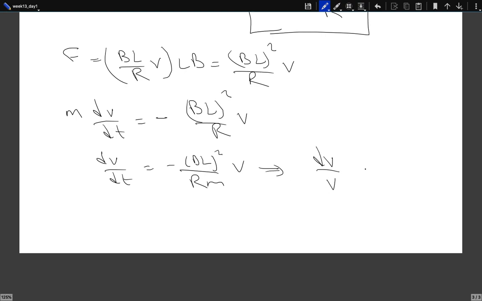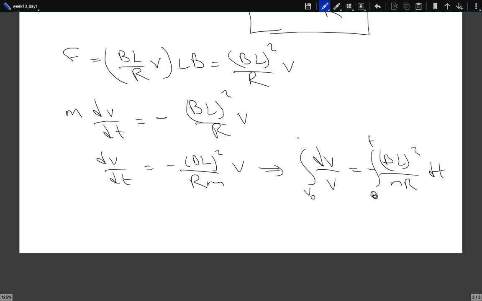dv by v should be equal to minus BL squared divided by mR times dt. So the changes in time should be related to changes in speed through this relationship. Now we can just sum both sides. At t equal to 0, the speed is v0.